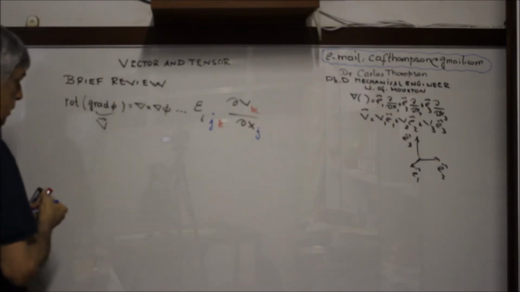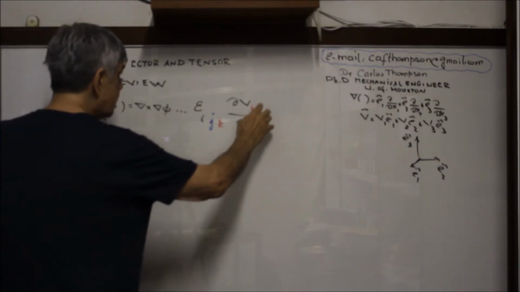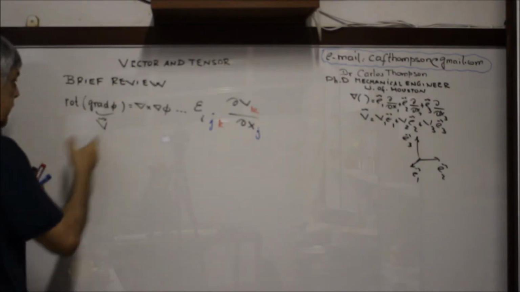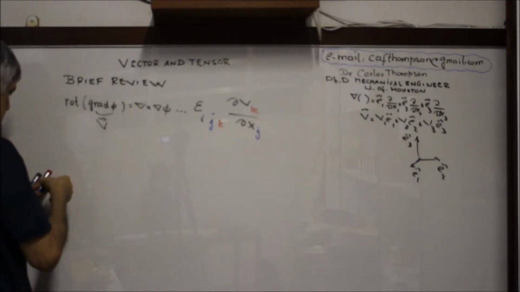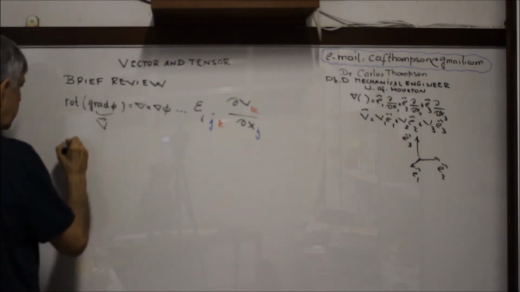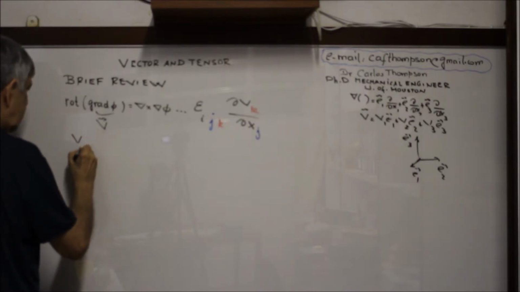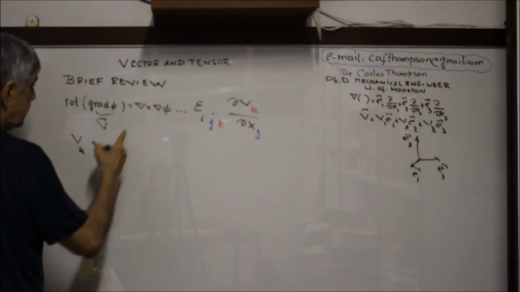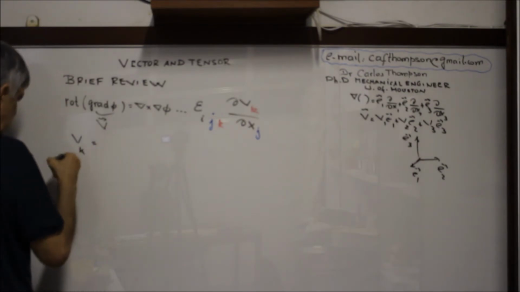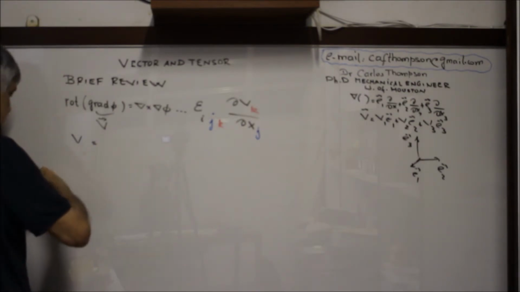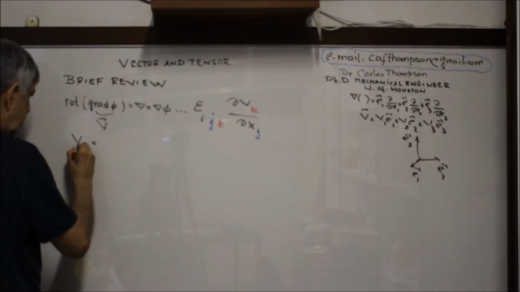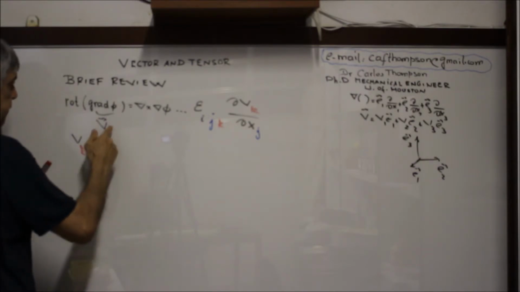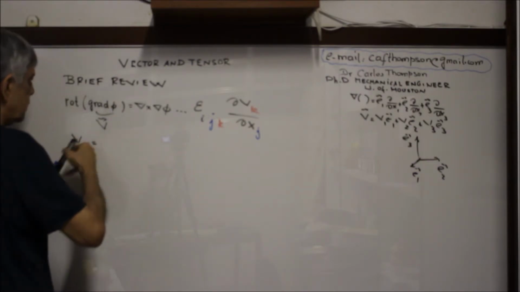Now let's substitute. Now, vk, in this case, I'll put the red here, just for you to see what we are doing. vk. v is gradient phi.